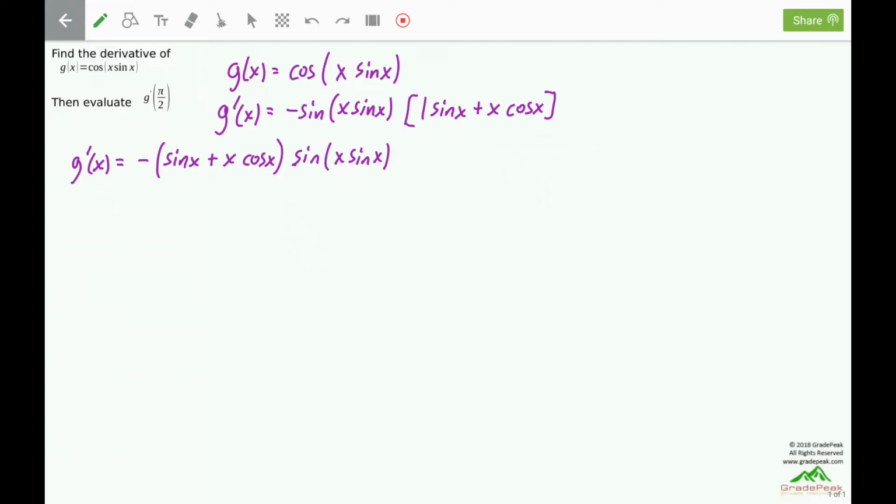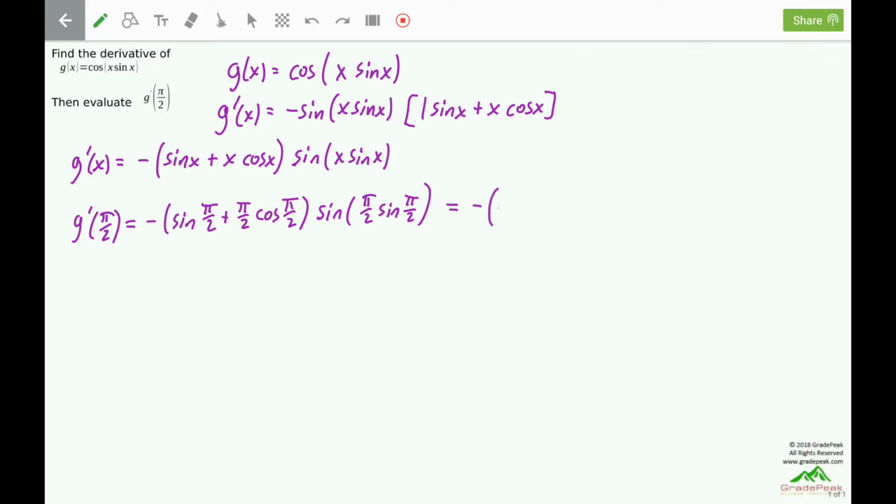The next thing to do is evaluate g prime of pi over 2, which means to plug in a pi over 2 for each of these x's. We will have negative sine of pi over 2 plus pi over 2 cosine of pi over 2 times the sine of pi over 2 times sine of pi over 2.